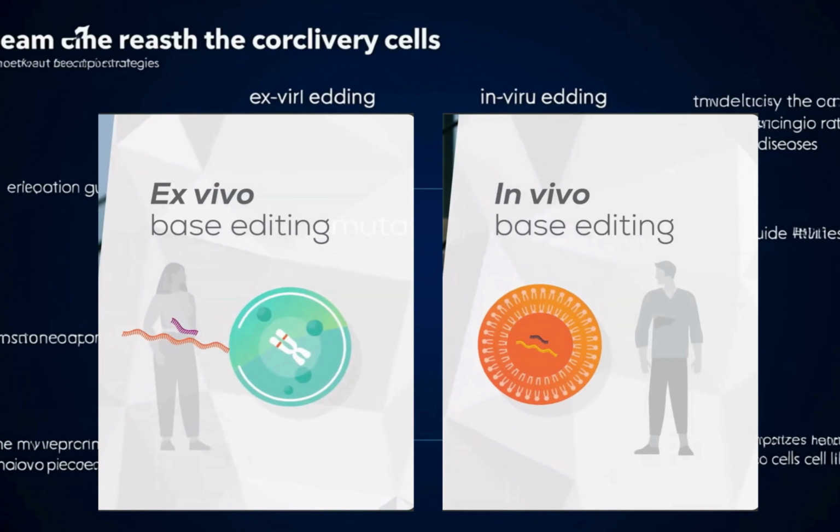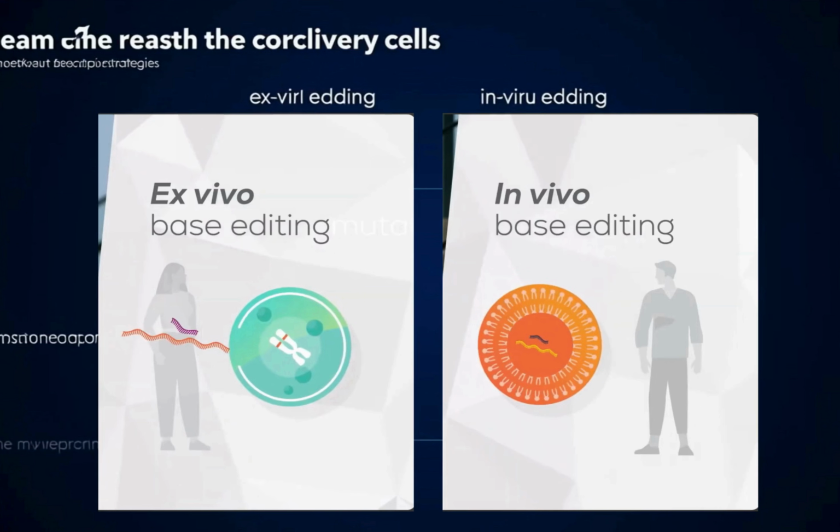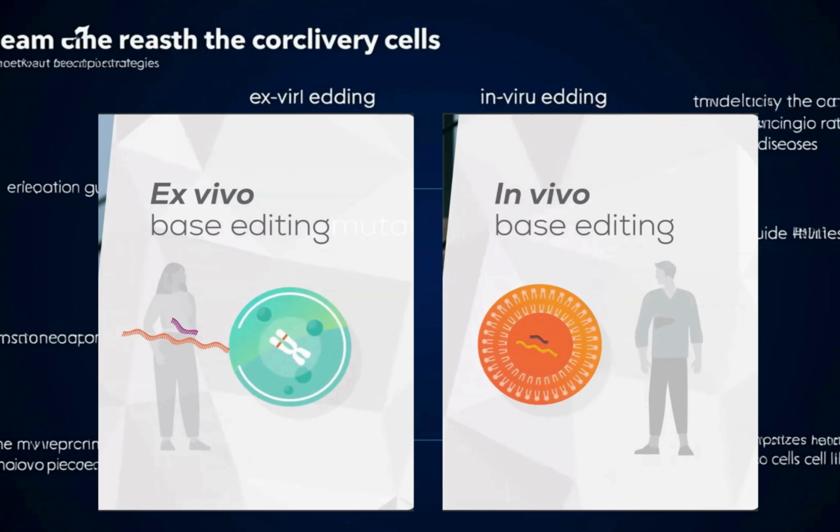With ex vivo editing, cells are collected from the patient, edited outside the body, tested, and then returned. For blood-forming stem cells, editor mRNA and guide RNA enter the cells through electroporation. It's brief electrical pulses that temporarily open the cell membrane, allowing editor mRNA and guide RNA to enter the cell.